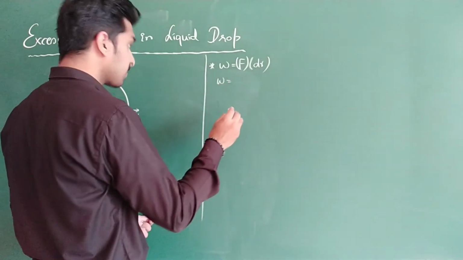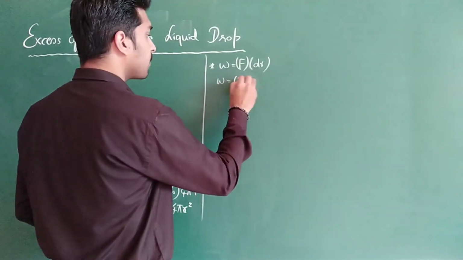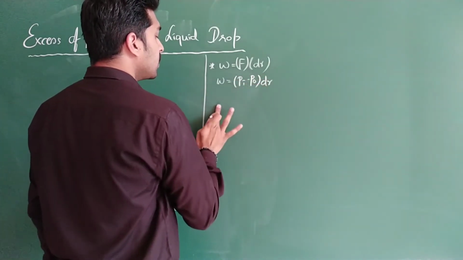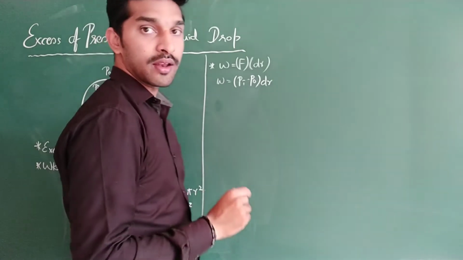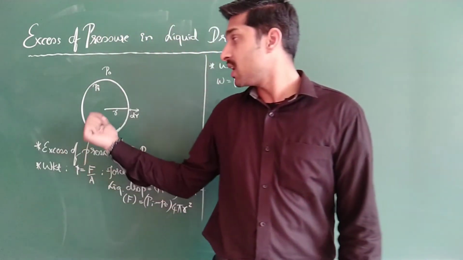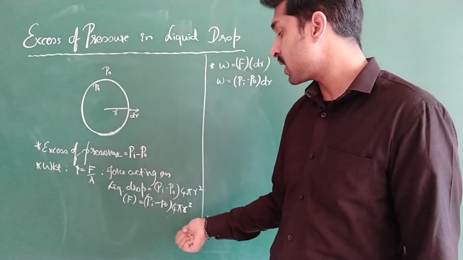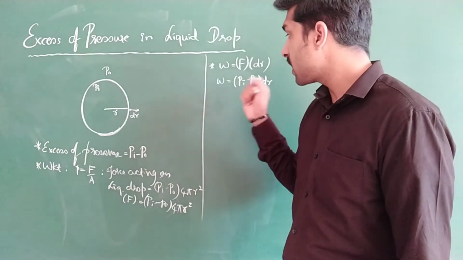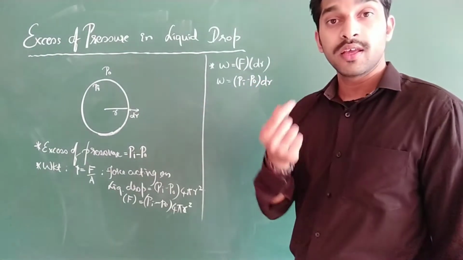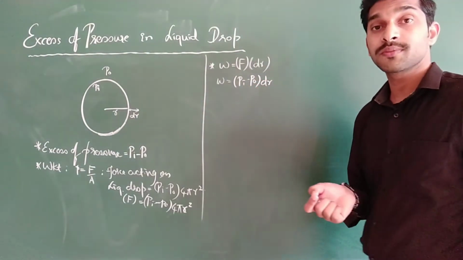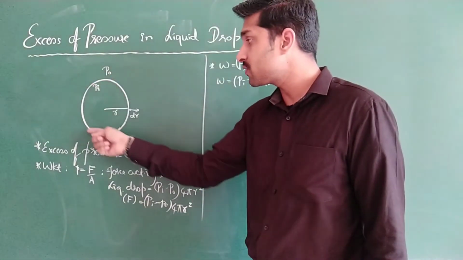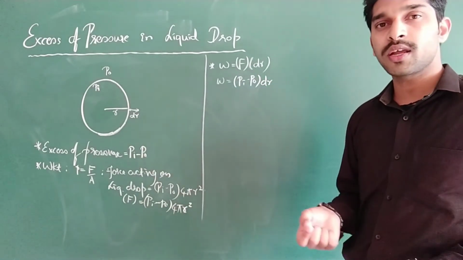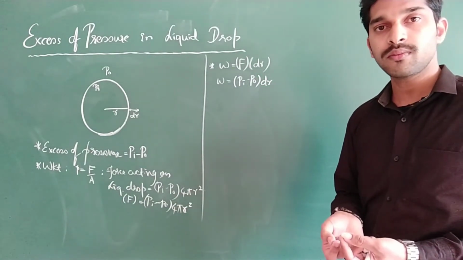W is equal to, F is Pi minus P naught into 4 pi r square, into dr. This work has to be done on this liquid drop by the force. But if this work has to be done, there should exist some potential energy, correct? Initially radius was r, now it is changing to r plus dr, so due to some extra energy only that will happen.